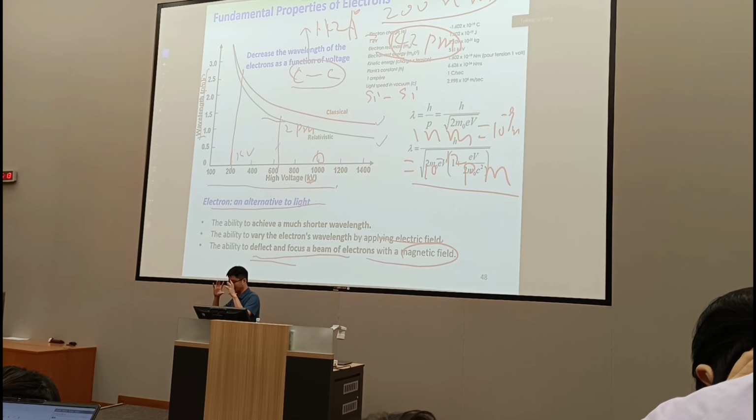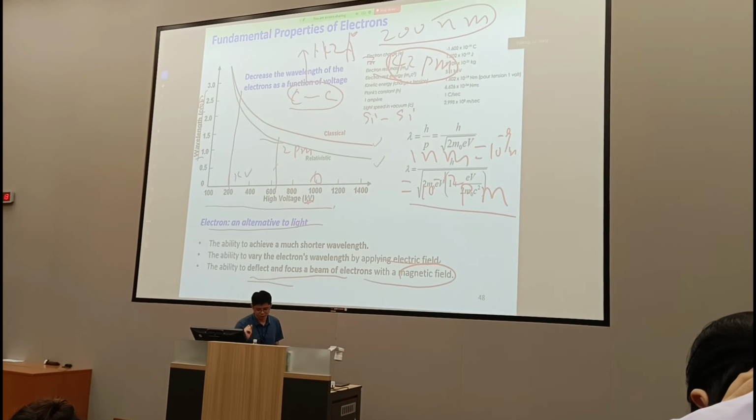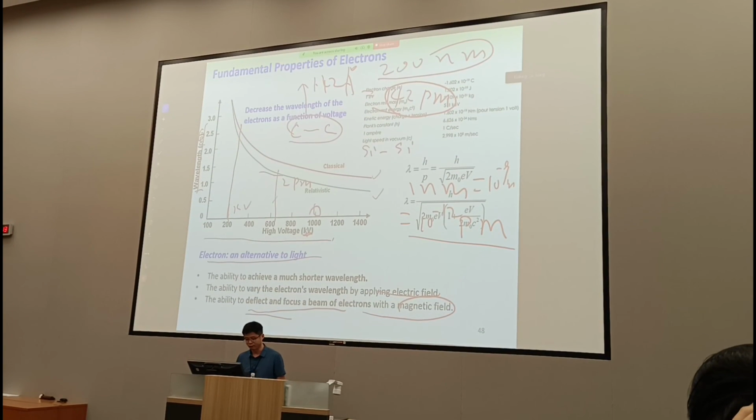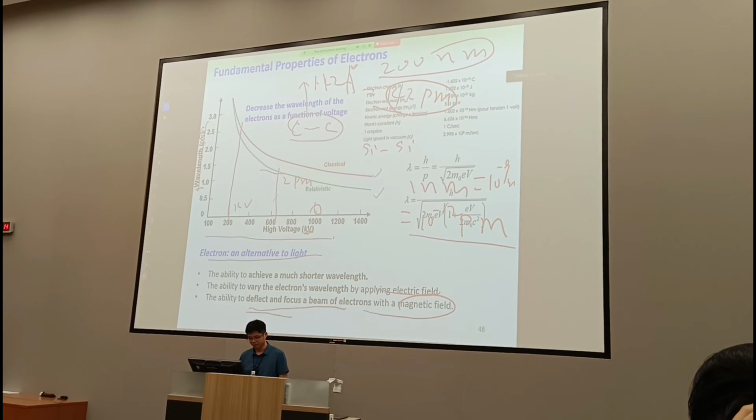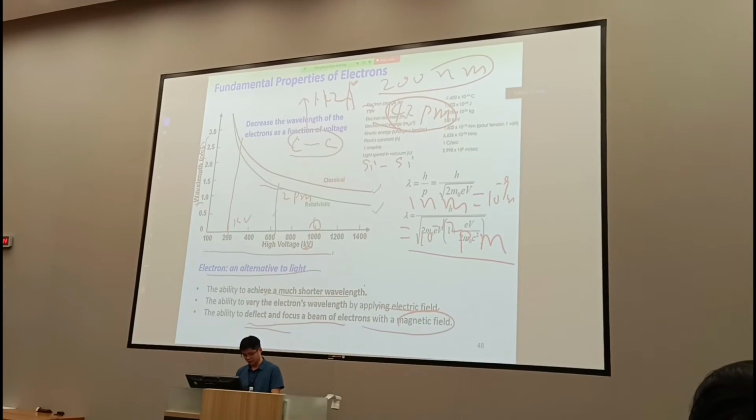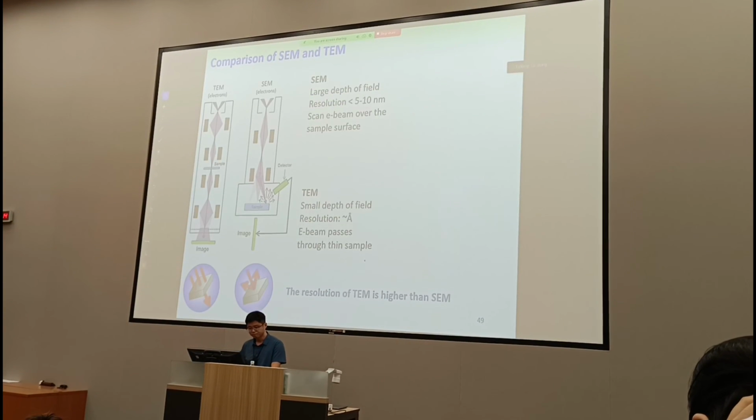We can apply a magnetic field with certain distributions. When electrons go through this magnetic field, they undergo spiral motion, and they can focus the electrons to make the spots very small. That can further enhance the resolution.